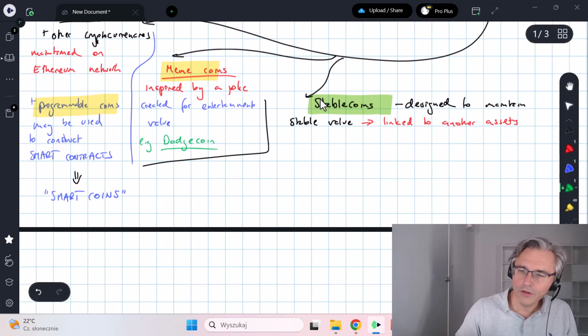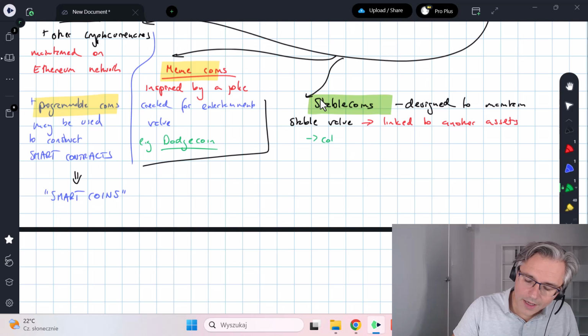I mean, a lot of them will be collateralized or securitized by actual asset holdings.